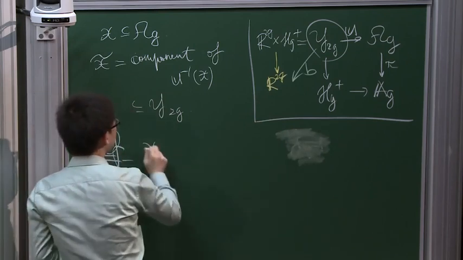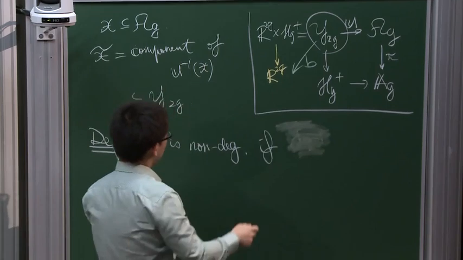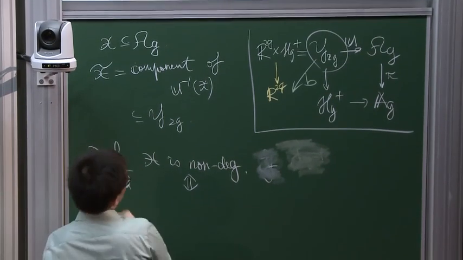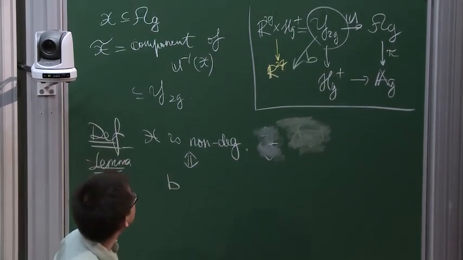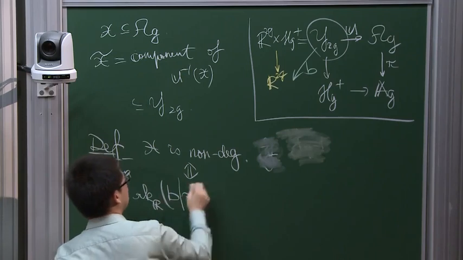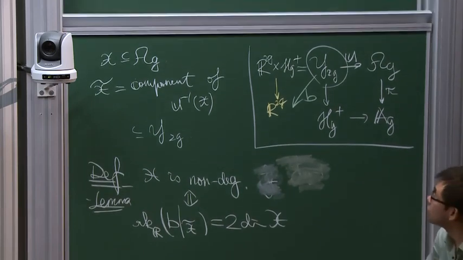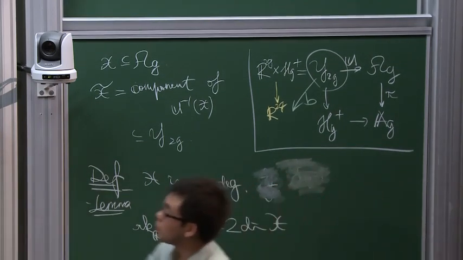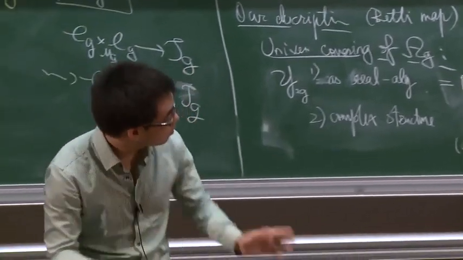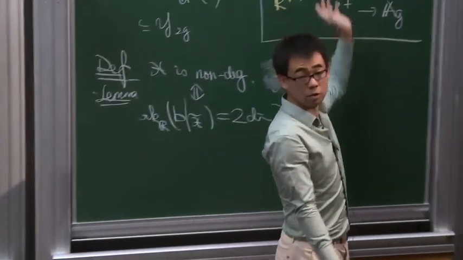X is non-degenerate if and only if the Betti map b restricted to X tilde has full rank, that is, the generic rank of this map is twice the dimension of X. This is because this 1-1 form defines a pointwise symplectic pairing, and the kernel of the symplectic pairing consists precisely of the fibers of this map.